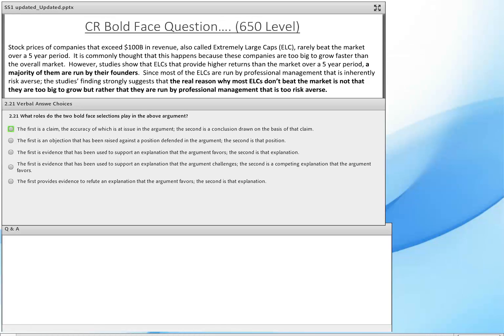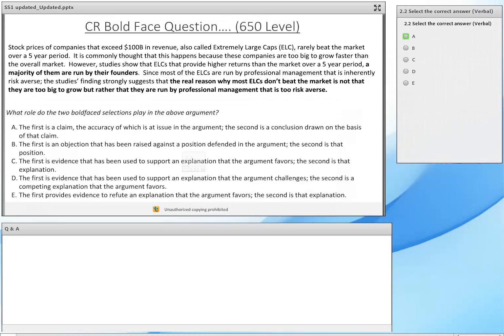Take your time to solve this and select the correct answer choice. Guys, just use the poll question on the right.